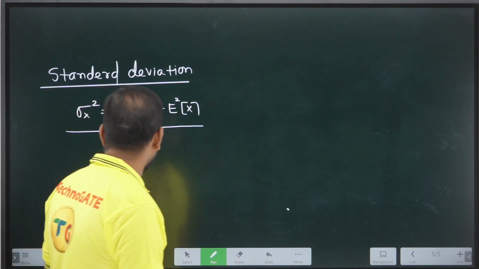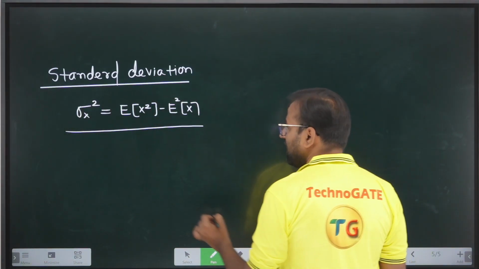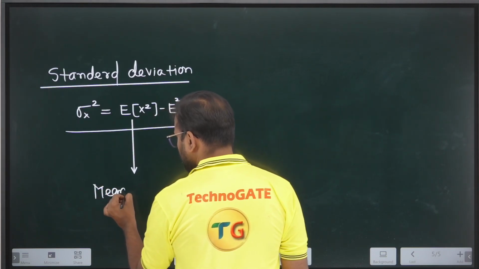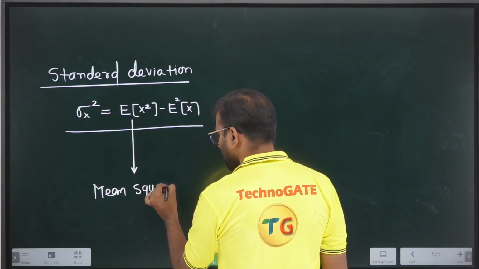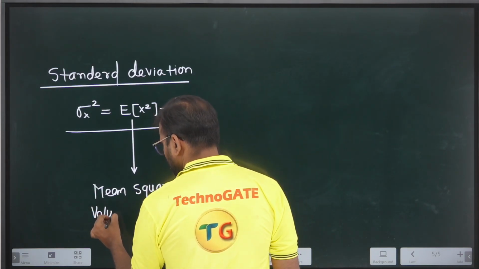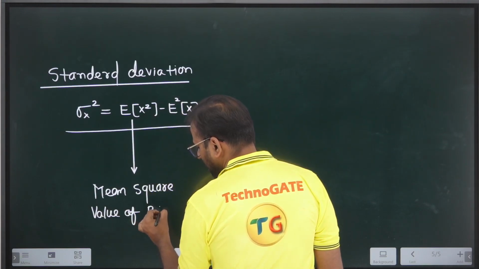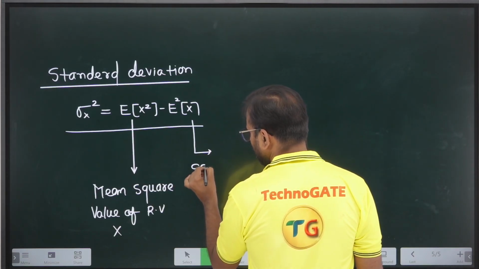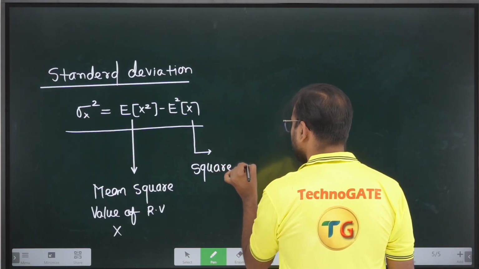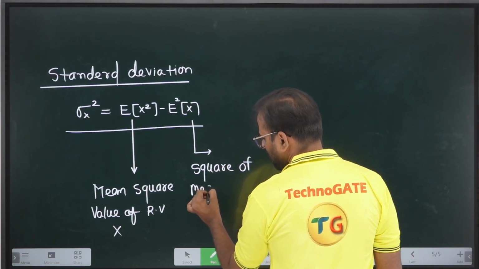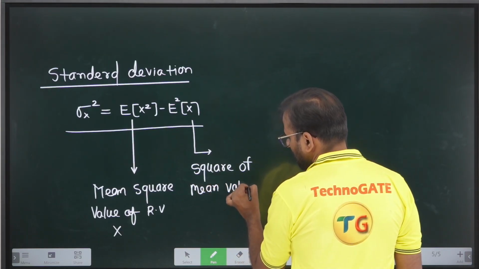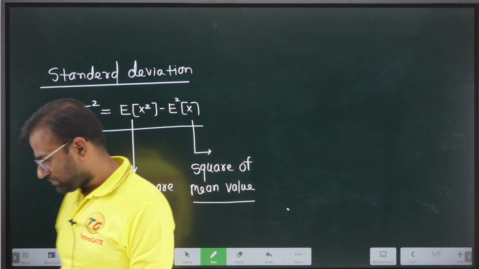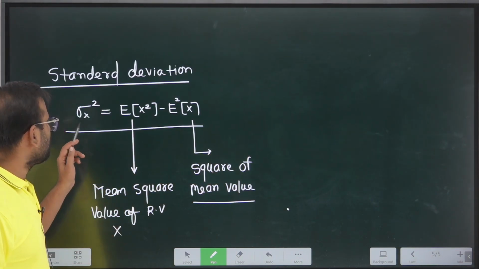So it is the difference of the first thing and the second thing. The first thing is known as the mean square value of random variable x, and the second one is known as the square of the mean value, and the difference is known as the standard deviation.